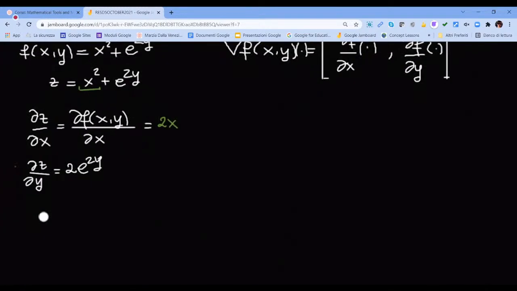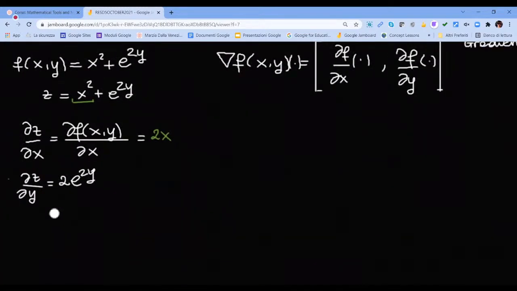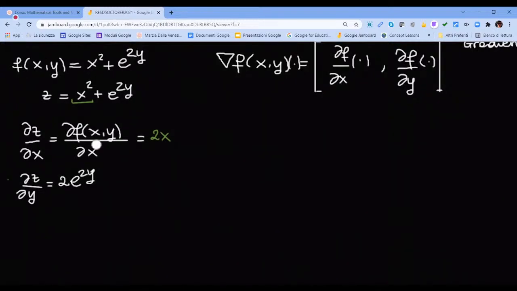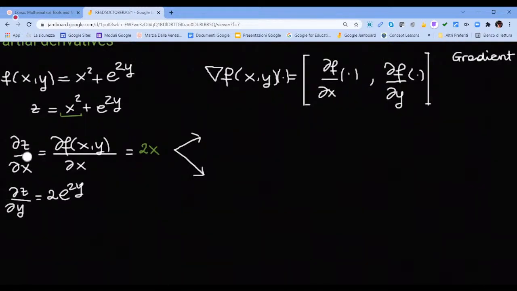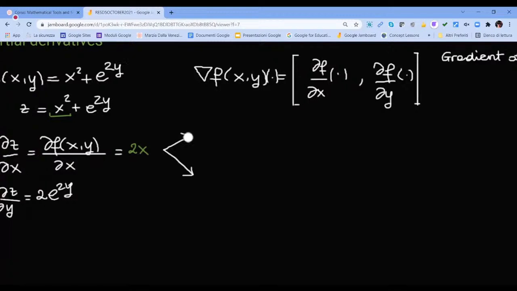So what are the second derivatives? Okay, the second derivatives are the derivatives of the components of the gradient. That means that we will have two kinds of derivatives of the first derivative with respect to x.